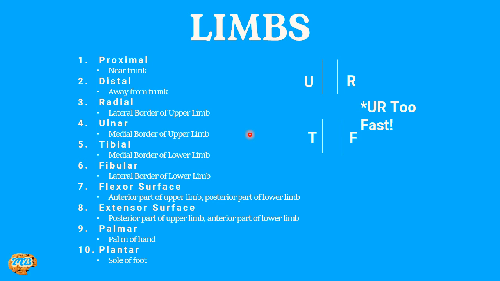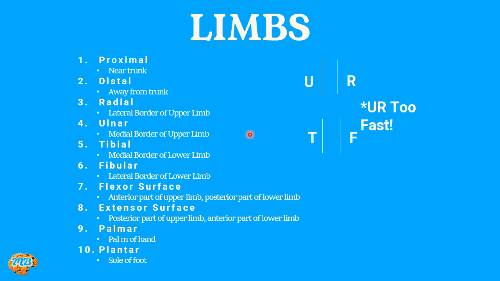But when you're flexing your lower limb, like for example, when you move your heel up towards your butt, that's flexing your lower limb, the posterior part is in use. So that's why it can be confusing, but it's easy to explain when you use the example of flexing yourself. So the extensor surface works with that same kind of logic.